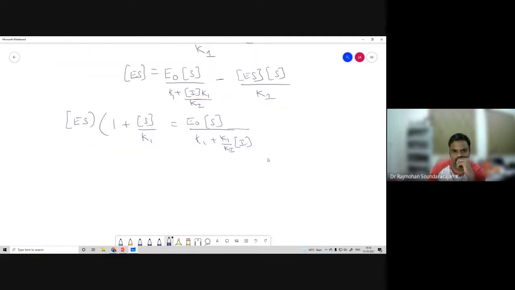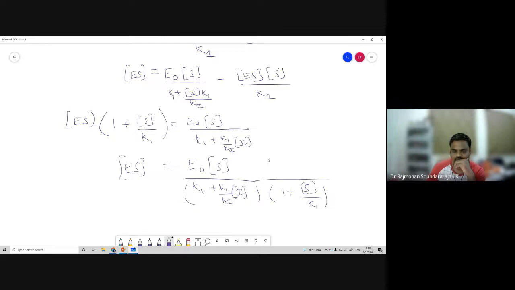Now we can take it to the right hand side: ES equals E naught into S divided by Ki plus Ki by Ki into I, concentration of I, into this one term, 1 plus S by Ki.